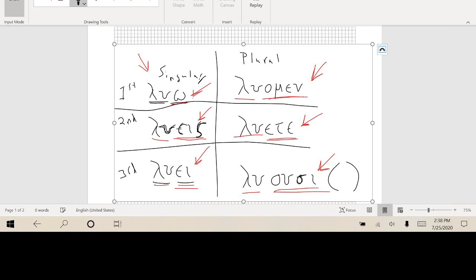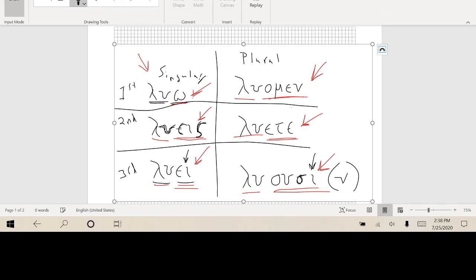Many times on the end of lu-usi, you'll see a nu. Now, why? That's a good question. Basically, in Greek, when you have a vowel at the end of a word, it's sometimes arbitrary, right?